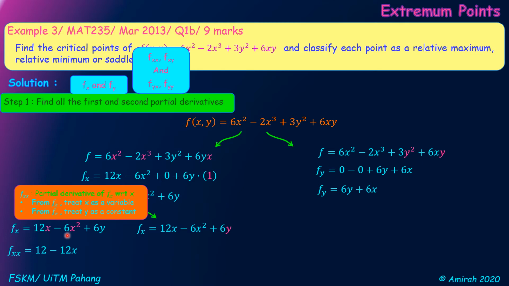And when we differentiate 6x squared, the answer equals 12x using the power rule. We still have the minus sign. And when we differentiate 6y, y we treat as a constant, so times 6 is also constant, and the derivative of any constant equals 0. So we have plus 0 here, but no need to write.